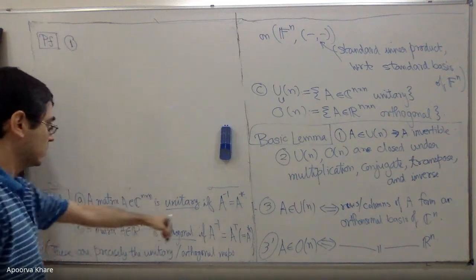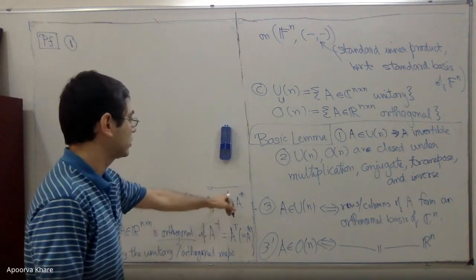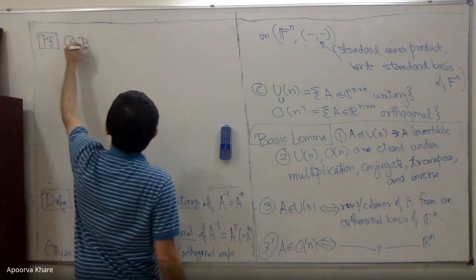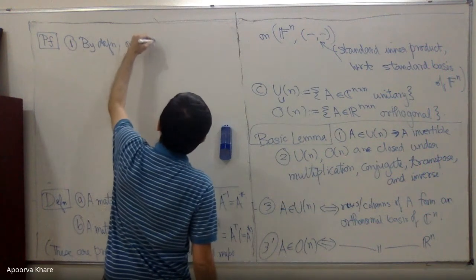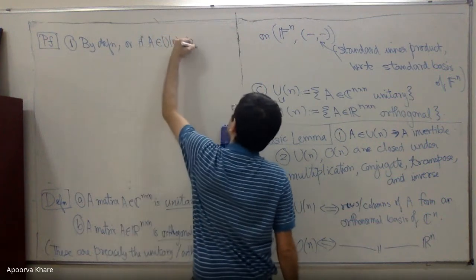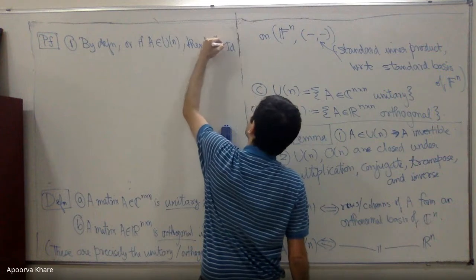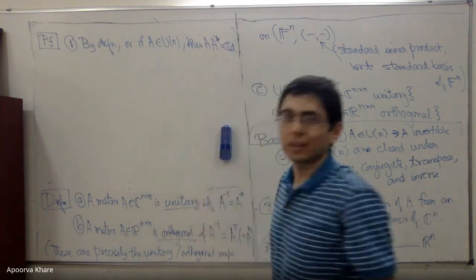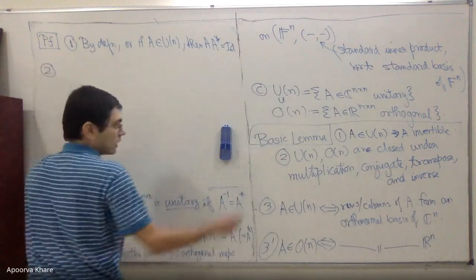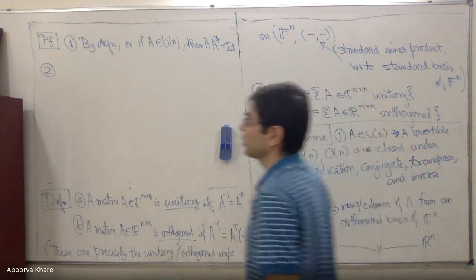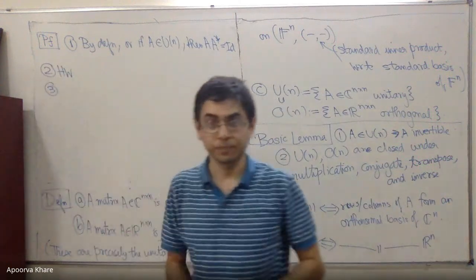This is sort of trivial. If it's unitary, then A inverse is A star, so that's obvious, or by definition. If A is unitary, then A times A star is identity, and that gives you that it's full rank because it's a square matrix. Okay, second. The real parts are 2 and 3. The second is actually a homework, so I won't even mention it. It is a homework this time.